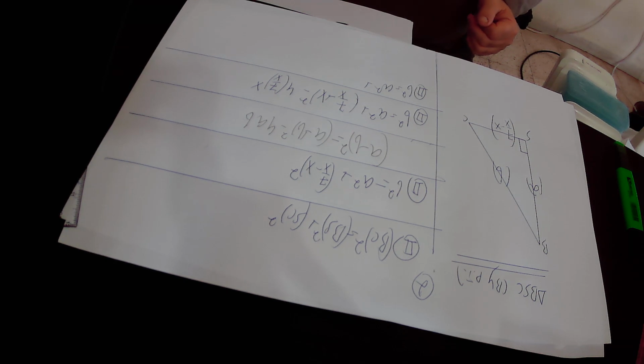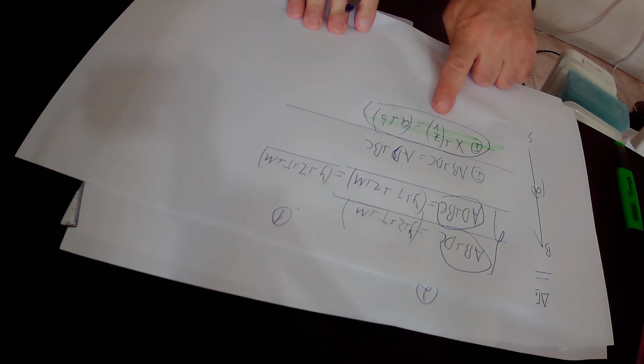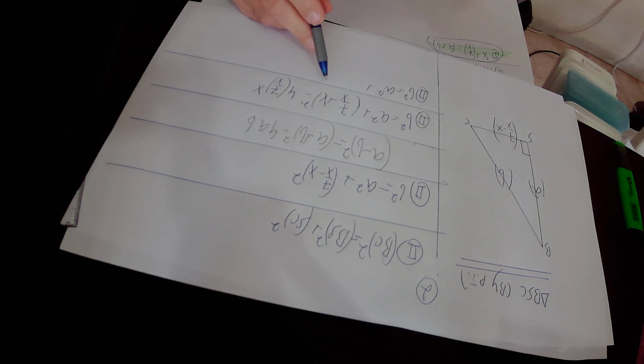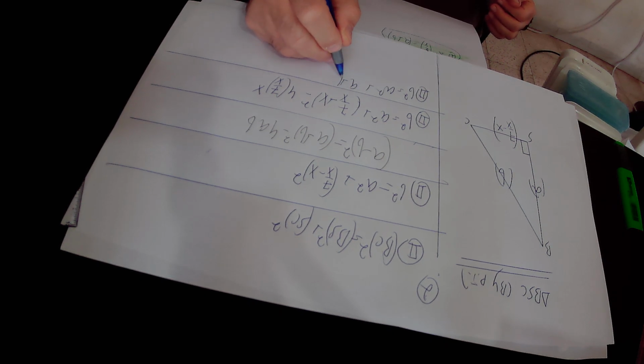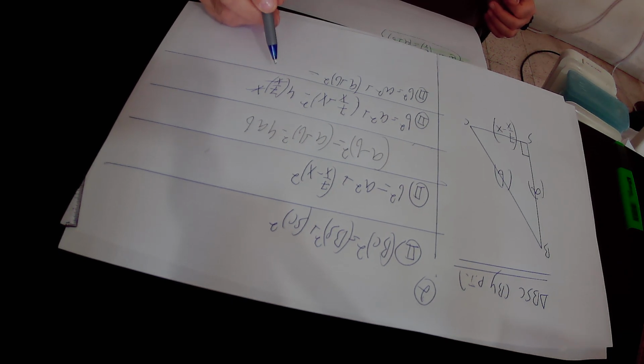According to equation 1, we have already found out that 7 over X plus X equals A plus B. So we can substitute 7 over X plus X by A plus B. If 7 over X plus X equals A plus B, it means that 7 over X plus X squared will be equal to A plus B squared. And minus, we have here X in the numerator and X in the denominator, so X will get cancelled. After we cancel X, we are left only with minus 4 times 7, that is minus 28.